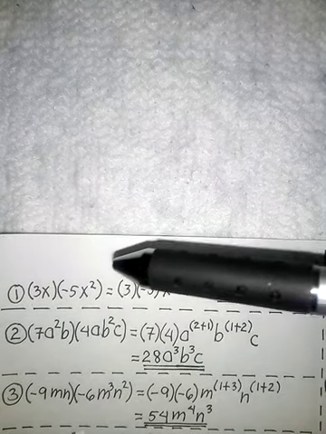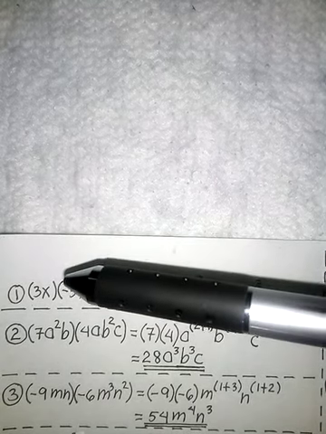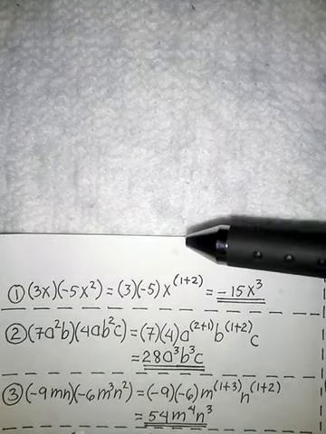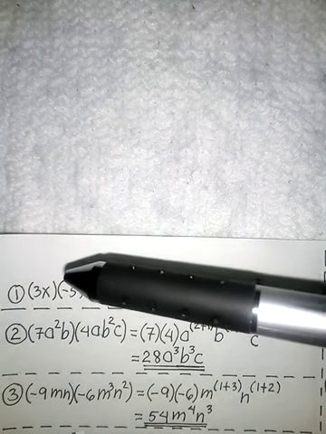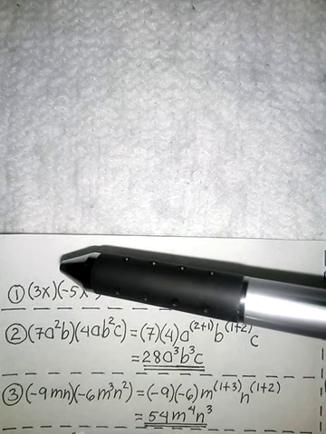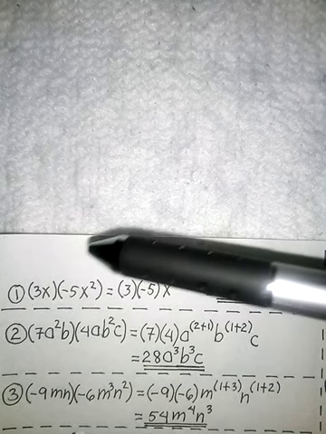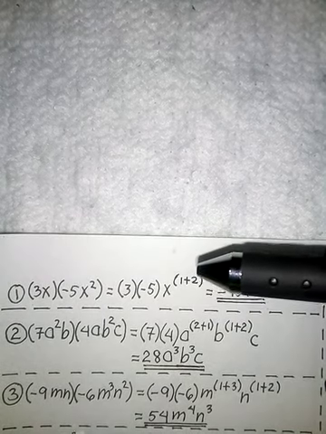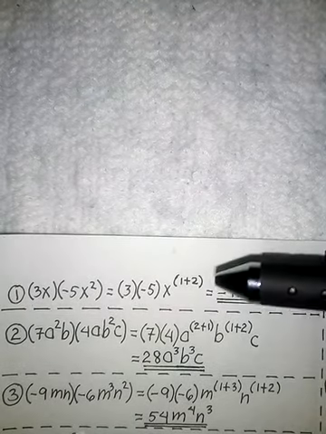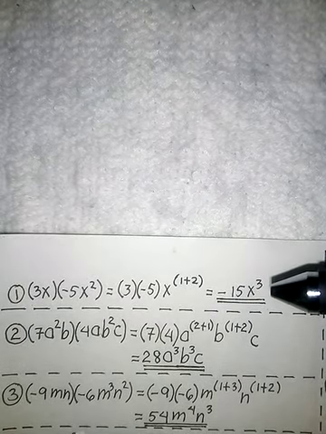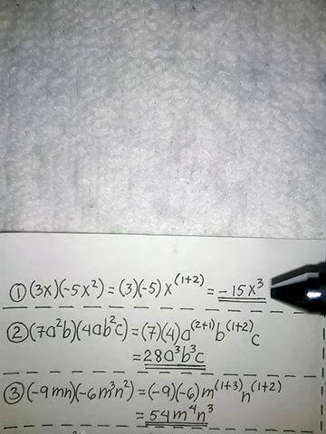And then we have the common variable x. We have x and then x squared. If you have a variable x without any exponent, it is understood that the exponent is 1. So we add their exponents, 1 plus 2, which gives x cubed. So the answer is negative 15x cubed.